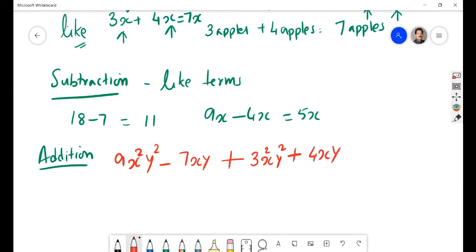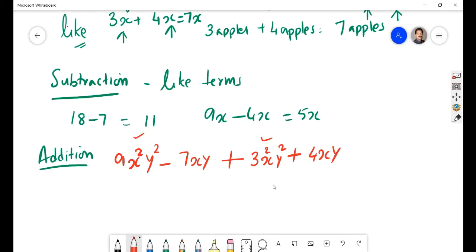We know that we can add the like terms. That means we can simply add 9x square y square with 3x square y square and write it as 12x square y square. And you also know that minus 7xy can be added with plus 4xy, and you can simply write it as minus 3xy. So there are different ways of doing this.